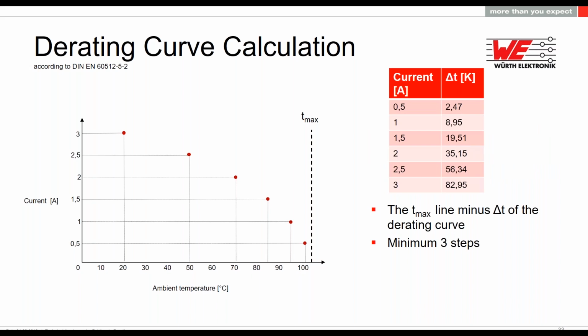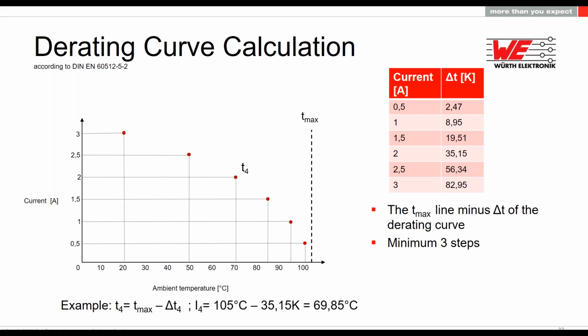Now we take the delta of the derating curve to the Tmax line and add it into that new chart, with a minimum of 3 steps, better more. This works like the following. For example, we took the temperature T4 of the measurements of the rated current curve. Then we take Tmax minus the delta from Tmax to the measured temperature at T4.